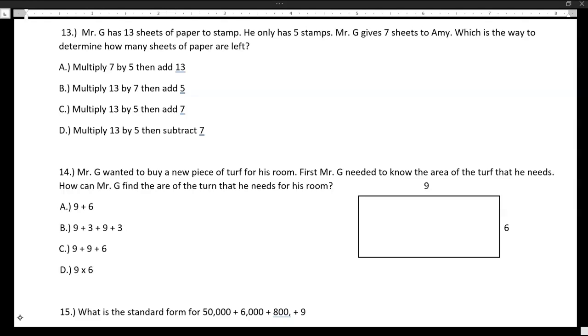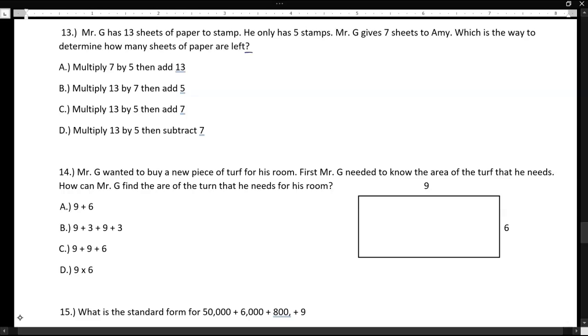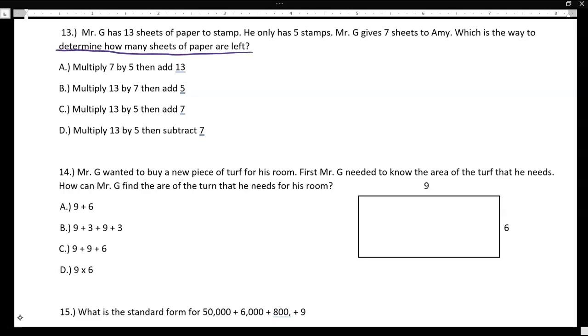Clue in, underline the question. Find your question mark, go backwards, and come to a capital letter. Circle important information in the problem.